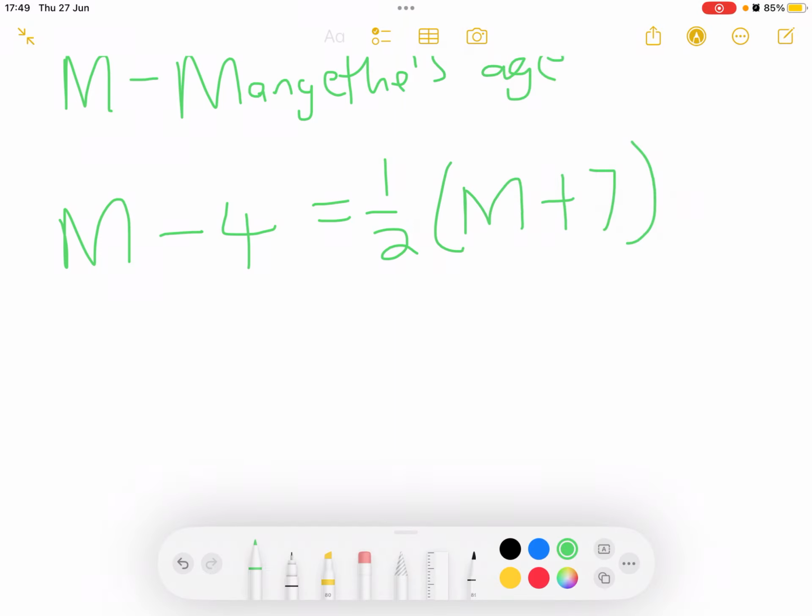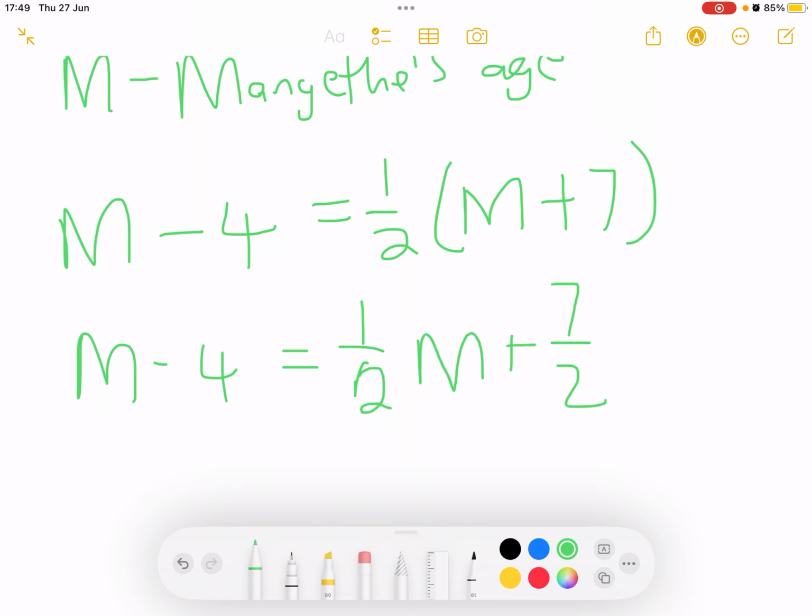Now, m minus 4 would be equal to half of m plus 7, that is m plus 7 over 2. And then if we take m minus half m, we get 7 over 2 plus 4.